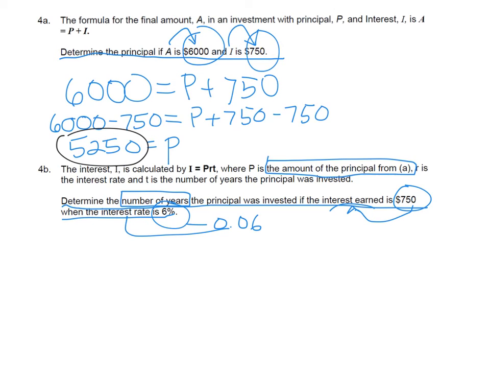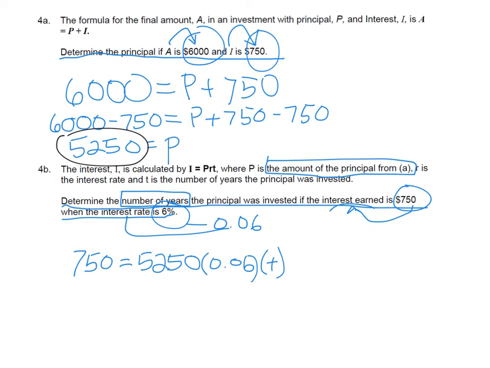The interest, we were told, was $750, equals principal, which we know is 5,250, and then the interest rate was 0.06. And the number of years, which is represented by t, is what we're trying to find out.